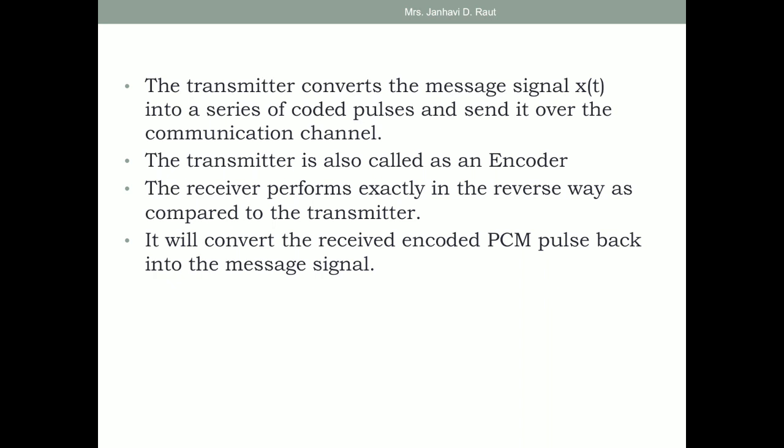The PCM transmitter converts the message signal x of t into a series of coded pulses and sends it over the communication channel. The transmitter is also called the encoder. The receiver performs exactly in the reverse way compared to the transmitter. It will convert the received encoded PCM back to the message signal.